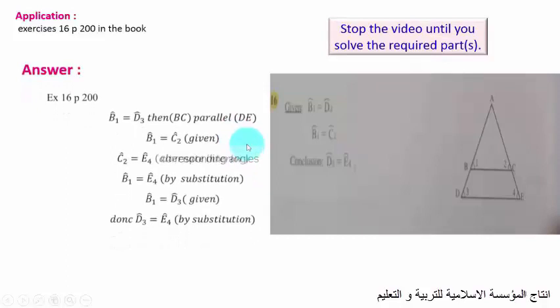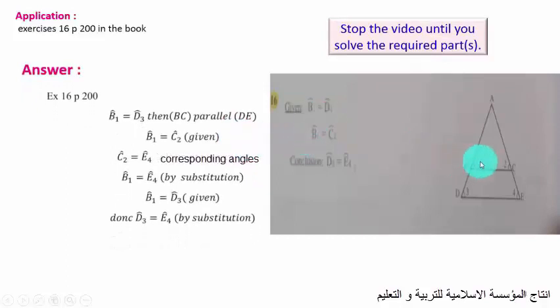In this exercise, they give you that angle B1 equals angle D3 and B1 equals angle C2. You must deduce that D3 is equal to E4. First of all, my students, B1 and D3 are equal to each other. They are corresponding angles, so we can say that line DC is parallel to line DE.